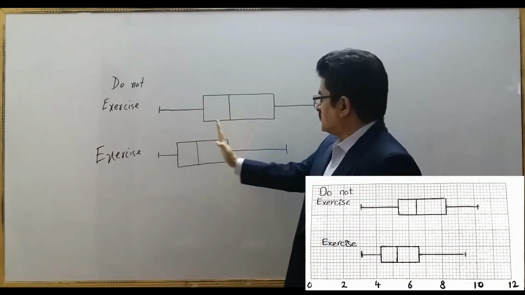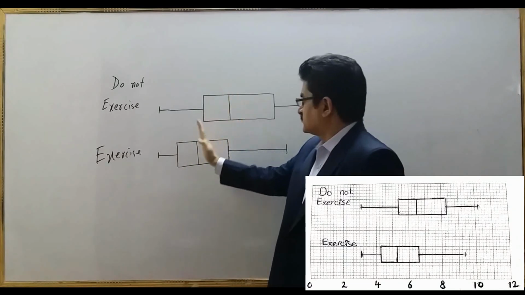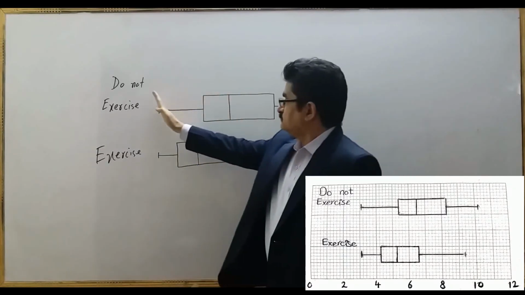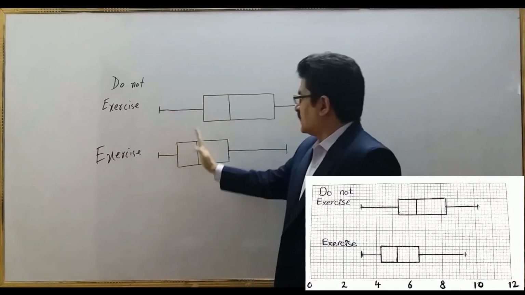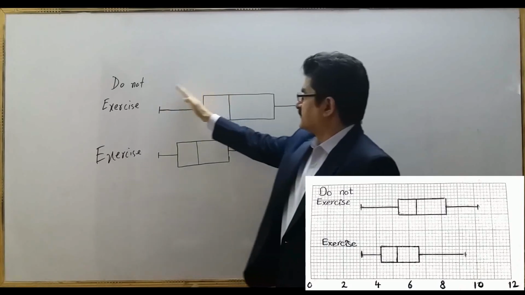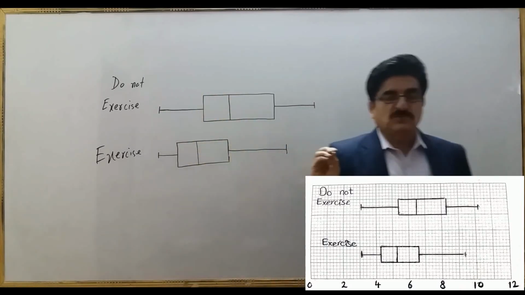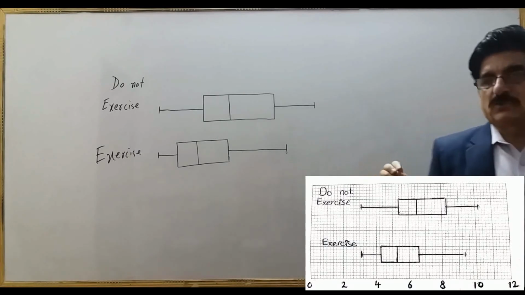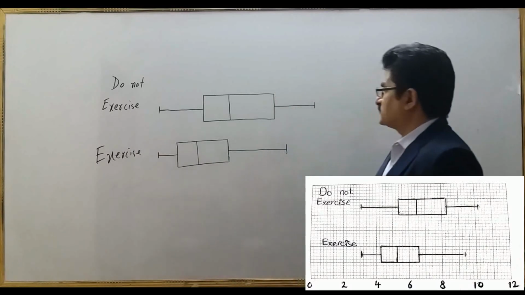So this is much more than this. See, the median is higher than this. So its length is greater than this, or you can say the spread of the first 50% values is greater than this. This means that the people who do not exercise have more cholesterol count as compared to those who exercise.